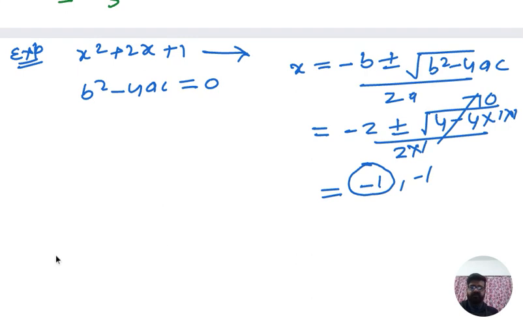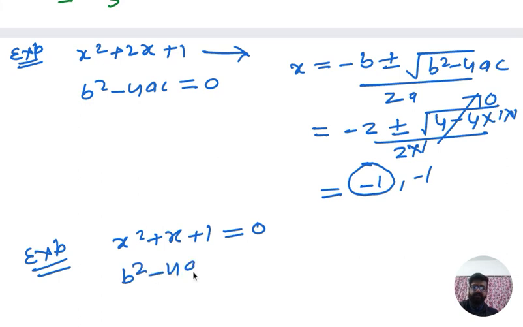So let's come to the next example, and that is x square plus x plus 1 equals 0. Here we will find out the nature of roots, b square minus 4ac, and here as you can see a is 1 and b is also 1 and c is also 1.